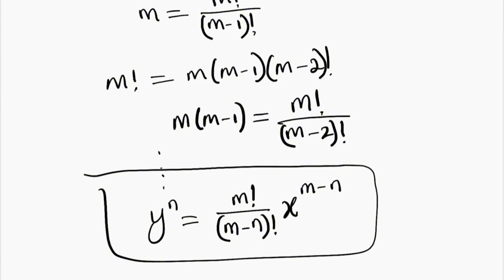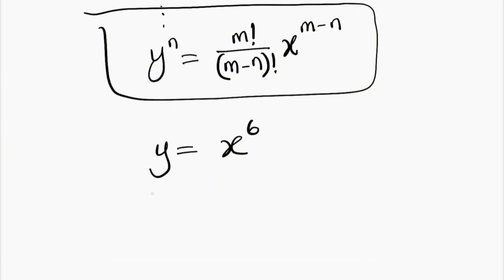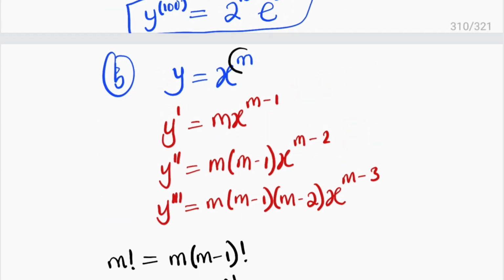So let me give you an instance to see whether it works. For example, if we have y equal to x raised to the power of 7. Let me reduce the power, maybe 6. And you're asked to find the fourth derivative. Remember the connection. Wherever you have n, it is going to be equivalent to 4, right? And remember what we have here as our exponent is m.